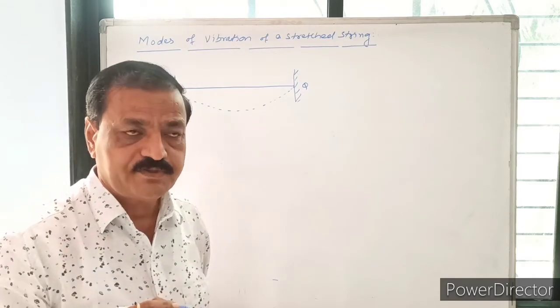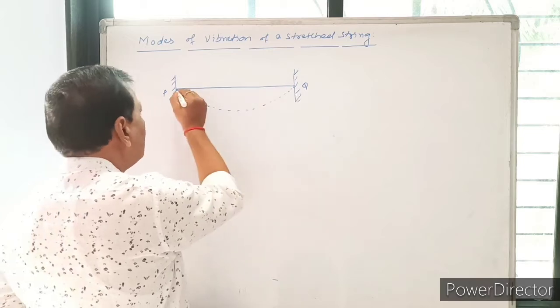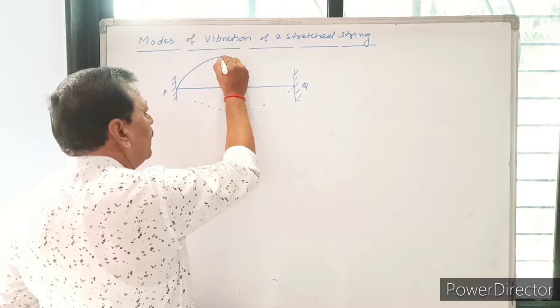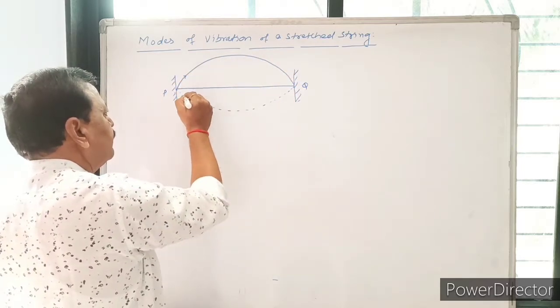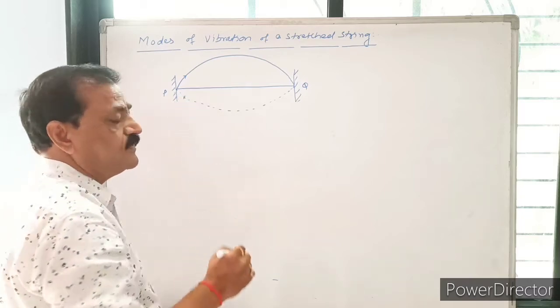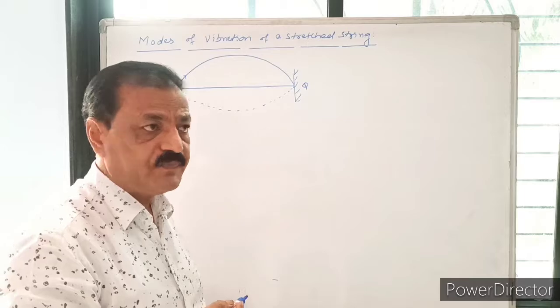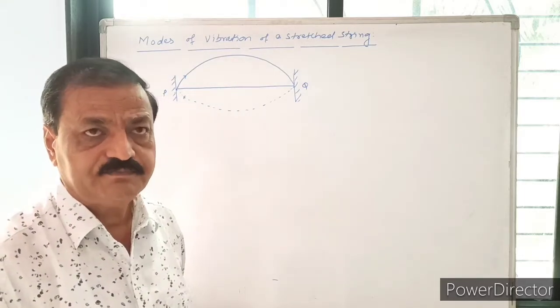This is the incident wave. This wave will reach the two points, and they will reflect back in the opposite direction. Transverse stationary waves will be produced on the string.